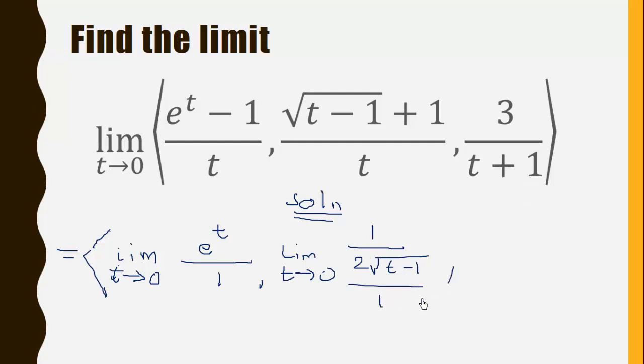Then this, you don't need to apply the L'Hopital's rule, so we get 3 over 1 over here. Now this will give us 1 over 1. Then this will give us, plugging in 0 here, we get 1 over 2, then 3. So this is the limit of this vector function.